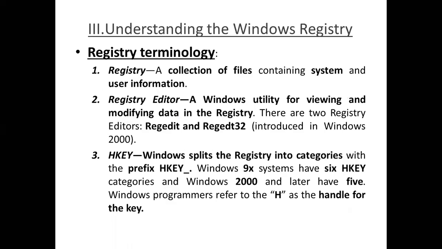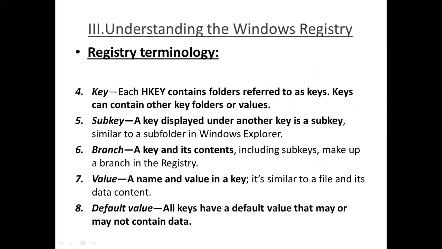I'll just repeat the general registry terms. First is the registry, which is nothing but a collection of files which has system and user information. Then you have the registry editor, which is independent of different operating systems. Then we'll go on to key first, then we'll come back to HKey. A key will store all the folders and values, everything.